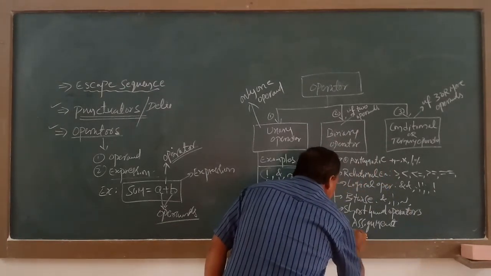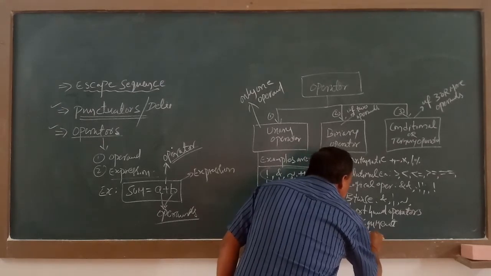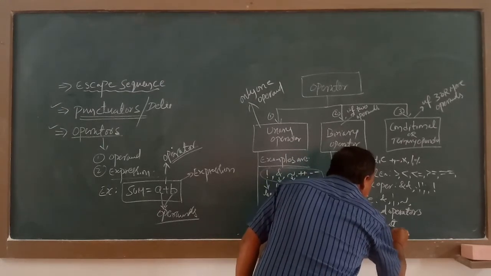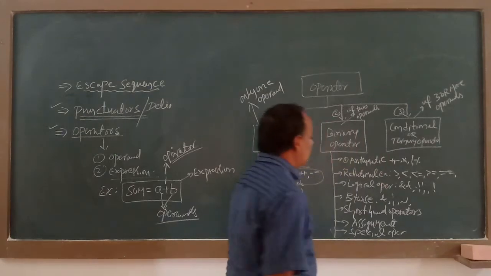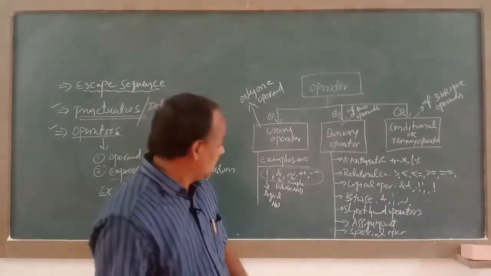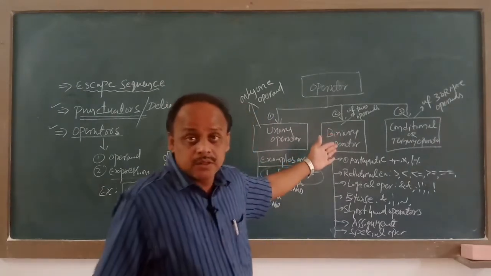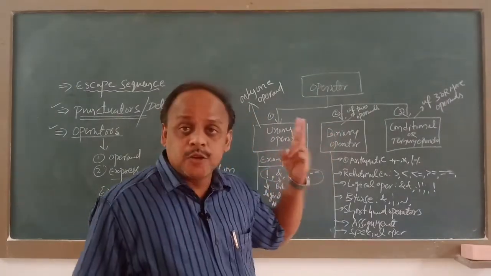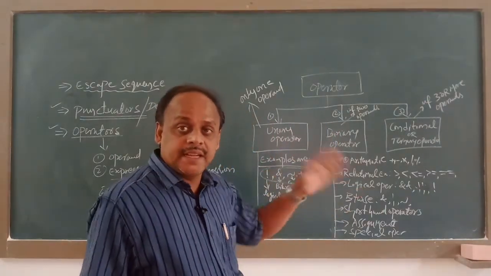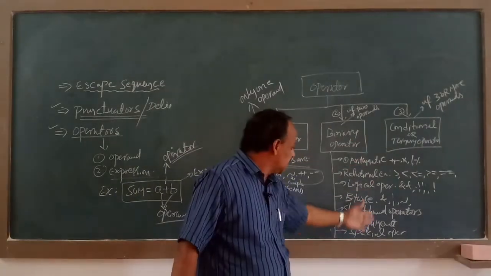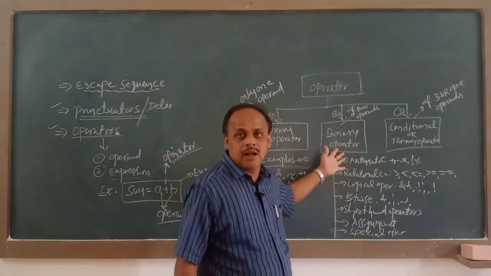And the next comes the special operator. These are the types of binary operators. That means when two operands are there, at that time we are going to use any one of these binary operators, right?